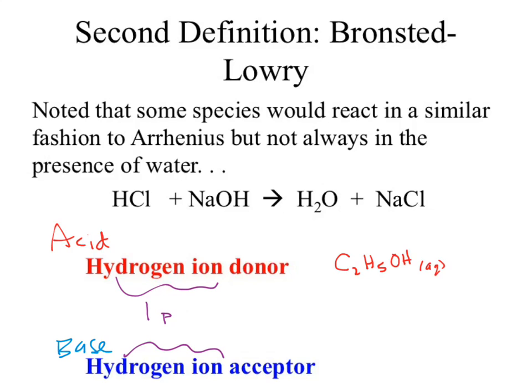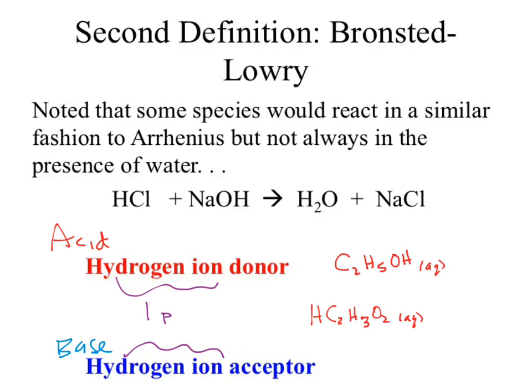Why is this still not an acid? When we're looking at our acids, as far as this class is concerned, where is that hydrogen shown? It's out in front of the structure.